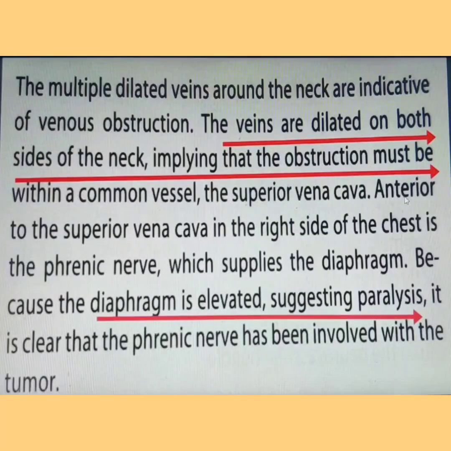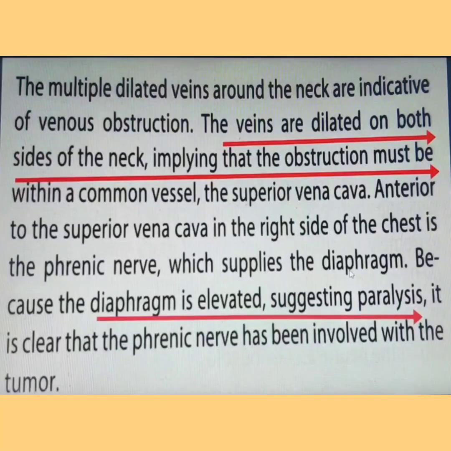Next, anterior to the superior vena cava, on the right side of the chest, we have the phrenic nerve, which supplies the diaphragm. Do you remember the phrenic nerve? It supplies the diaphragm. Because the diaphragm is elevated, suggesting paralysis, it is clear that the phrenic nerve has been involved in the tumor, which leads to paralysis of the diaphragm.